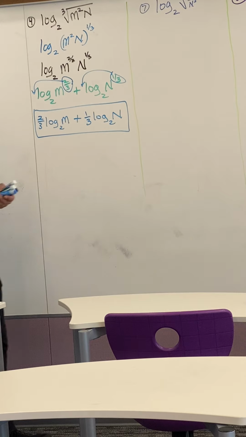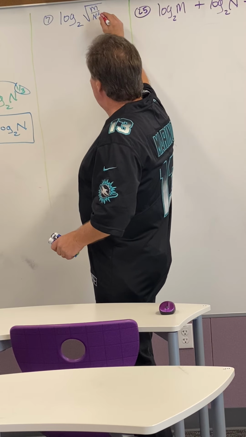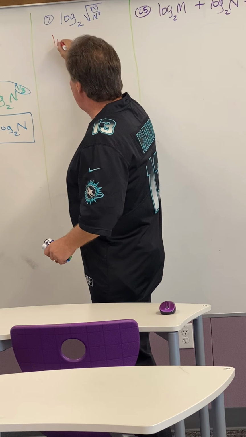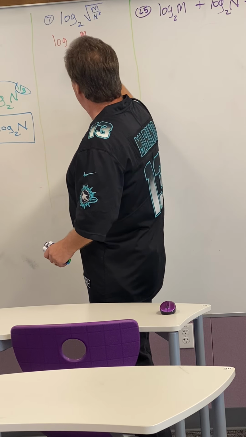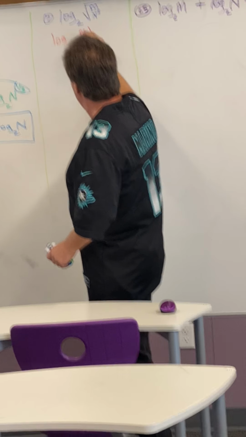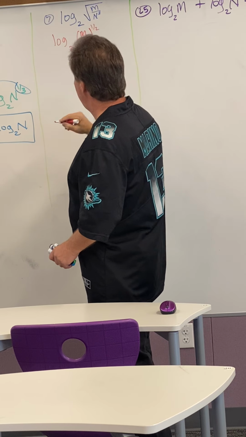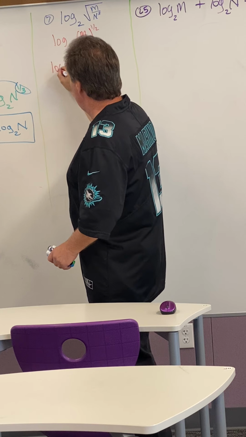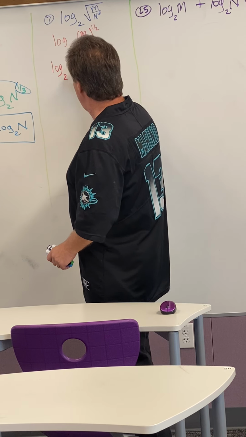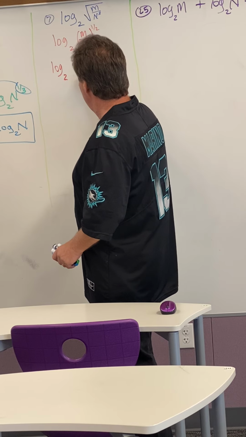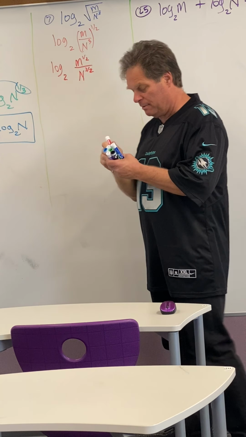Okay, now, this one's kind of similar. I'd make that square root into the 1/2 power, log base 2 of m over n to the 3rd to the 1/2 power. So that's going to be log base 2 of m to the 1/2 over n to the 3/2.